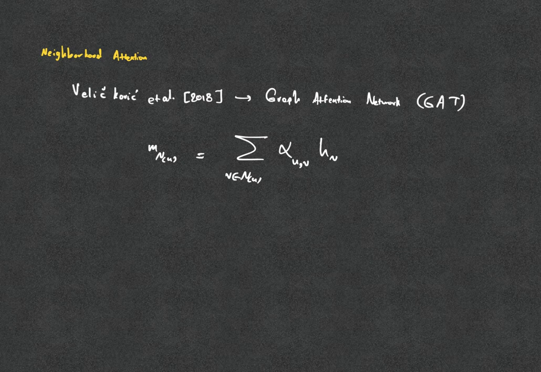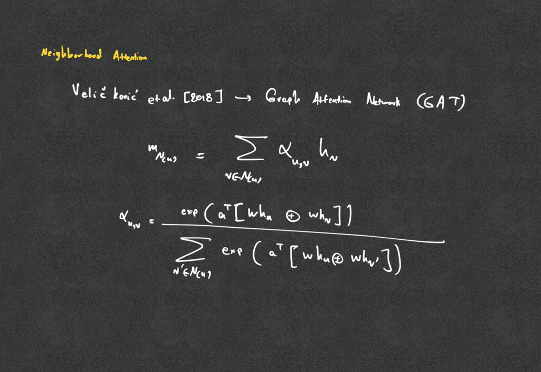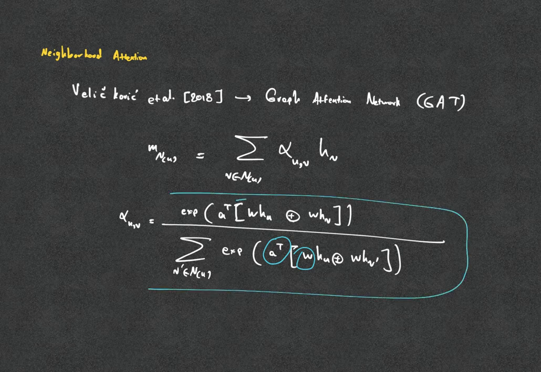Now in this paper, the attentions are defined like this. In this formula, a is a trainable parameter, and W is as well. And what you can see here is that you have some sort of a softmax over these features, so you modify the representation of u, and you also map the representation of v, concatenate them, and then compute the inner product with a, and then do a softmax, and you will get alpha_uv.